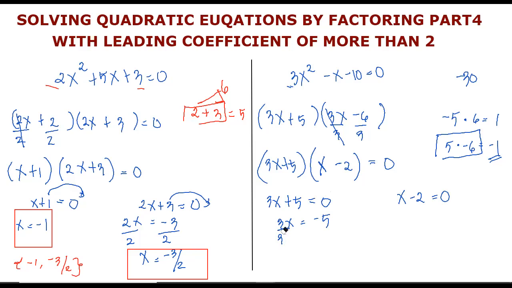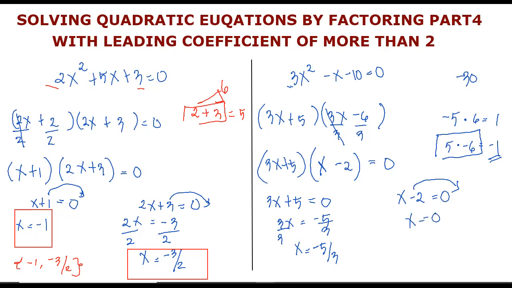Kaya po, i-divide natin siya kay 3. So divide both sides by 3. So it will give us x is equal to negative 5 over 3. And then this one, okay, so let's equate this. Transpose it to the right side of the equation. It will give us x is equal to 2.